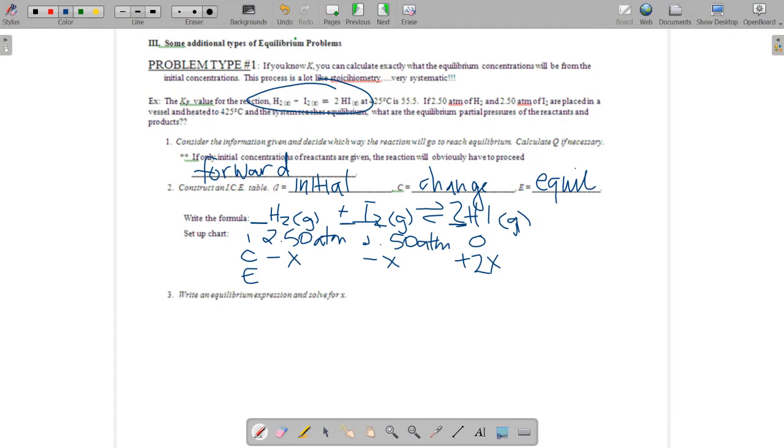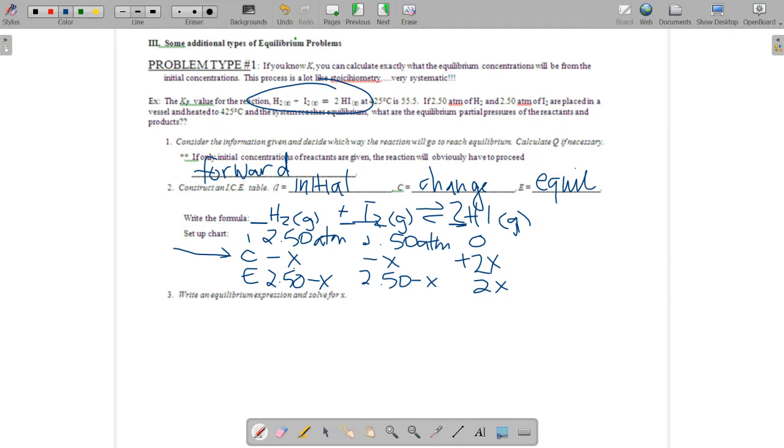That's where these X's come from. So this is stoichiometrically why we get these X's and the 2X, because of the balanced chemical equation. Then we write what it is going to be at equilibrium, which is just rewriting what we've got here: 2.50 minus X, 2.50 minus X, and 2X.